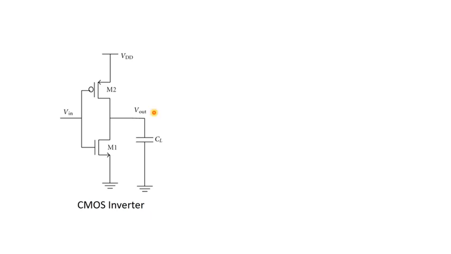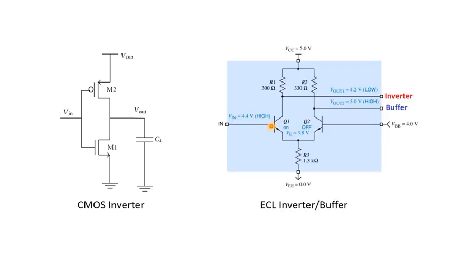In spite of all these advantages, it can be seen that the logic families made up with bipolar junction transistors generally show higher speed than logic families made up with MOSFETs. For example, as you can see here, emitter coupled logic or ECL is the fastest logic, which uses BJTs instead of MOSFETs.